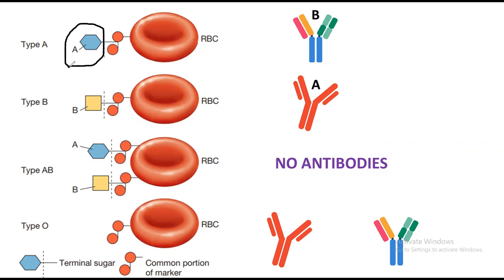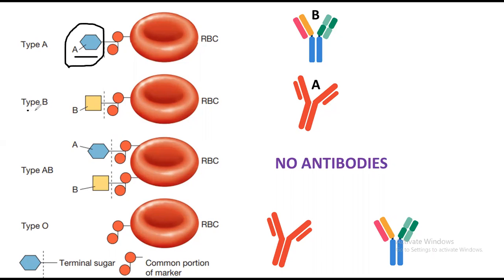On our red blood cells there are special types of antigens, and with the help of these antigens we can recognize whether a person has type A, type B, or type AB blood group. The person with type A blood group will have type A antigen on his RBC.